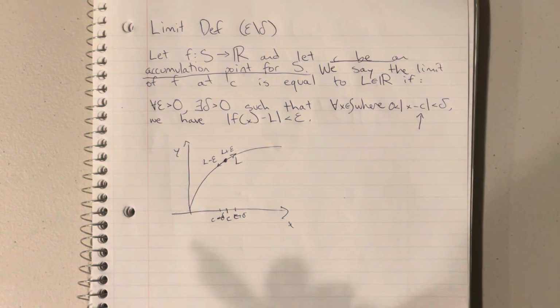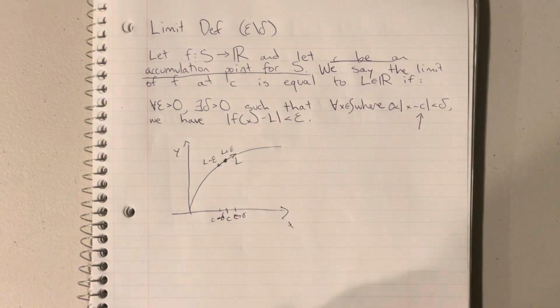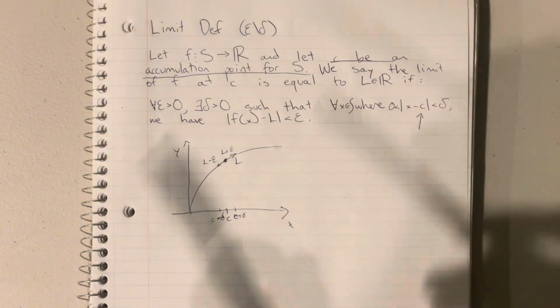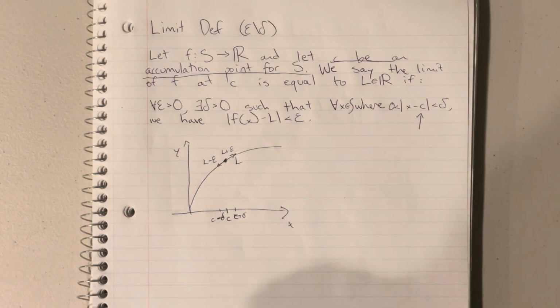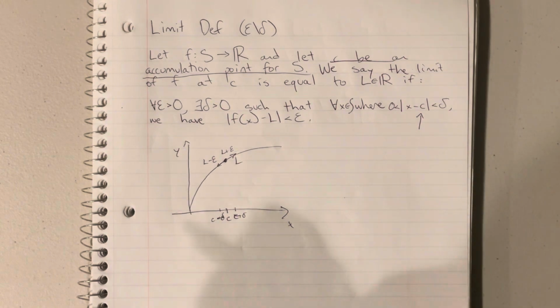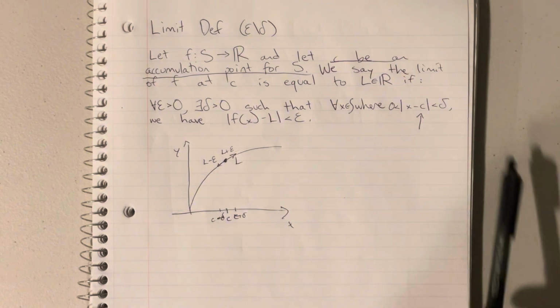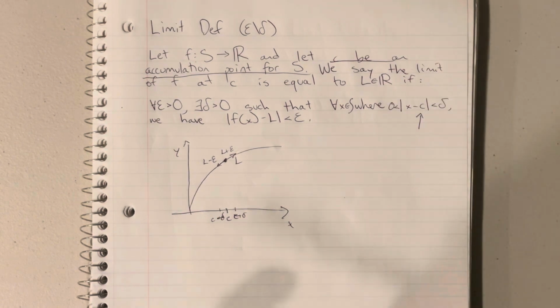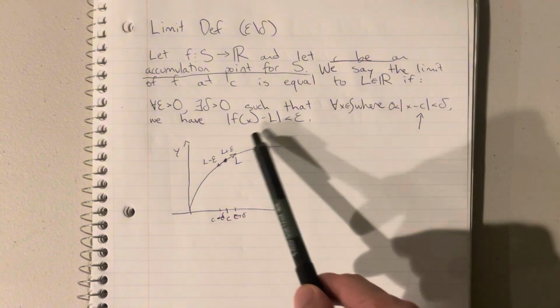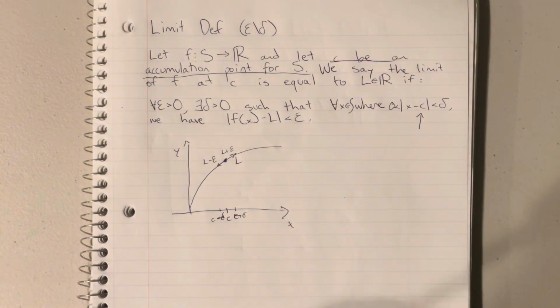We're saying that given some epsilon, give me any distance from the limit value on the curve. Then we can find some delta greater than 0 where we can constrain the distance from the accumulation point C, and as long as it's less than that delta, all the x values that satisfy this inequality will be less than this epsilon when plugged into the function value and subtracted from the limit.